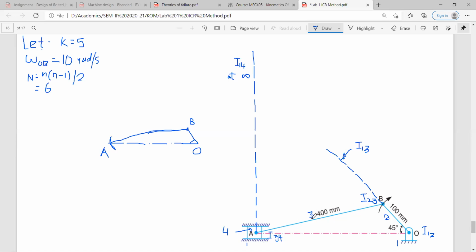So I24 may be lying on the extension of this line, either on the right side or on the left side, so you can extend it. Initially I don't know in which direction I should extend, so I am extending it, say, in this direction, and I will mark here that I have extended this line in order to find I24.